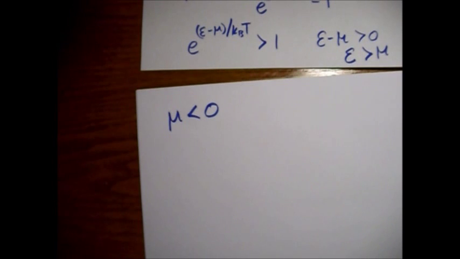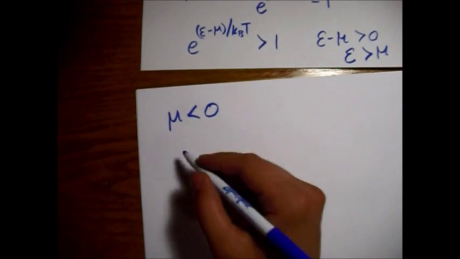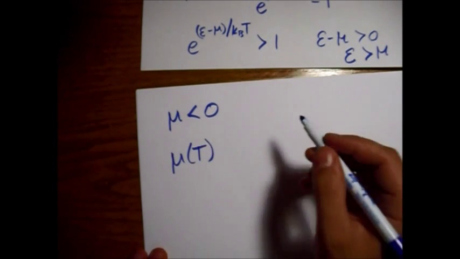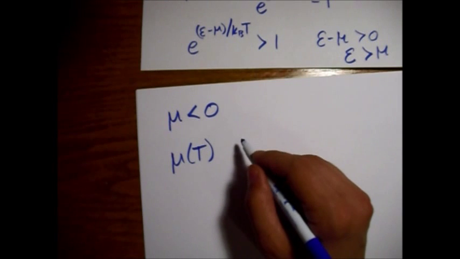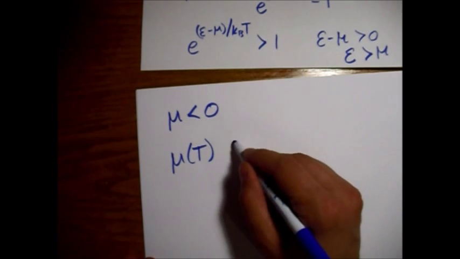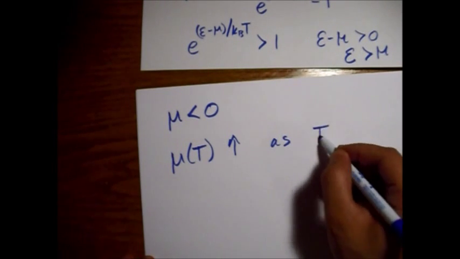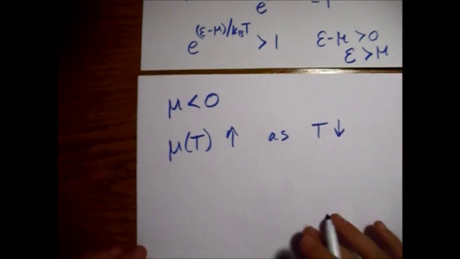In this case, we need to show that the chemical potential as a function of temperature increases as T decreases. So this will go up as the temperature goes down.